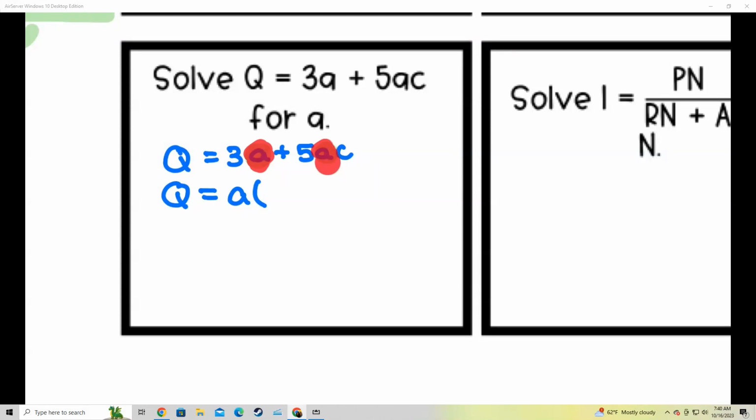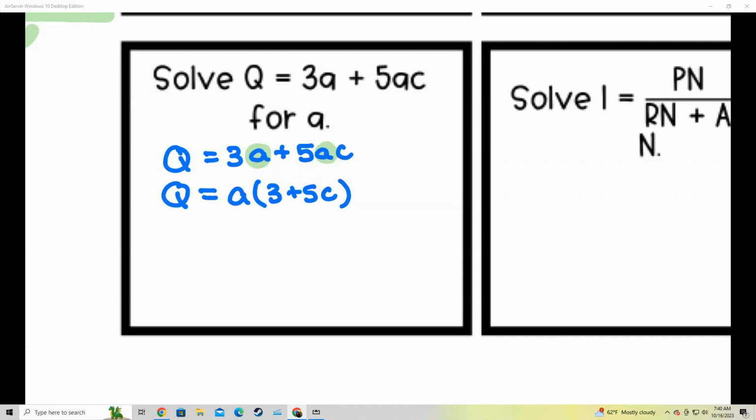Well, I'd be left with a 3 plus a 5c, and that's exactly what you're going to have in the middle. 3 plus 5c. Look what happens when you distribute it. A times 3 is 3a. That's exactly what we have. A times 5c is 5ac, and that's exactly what we have over there as well.